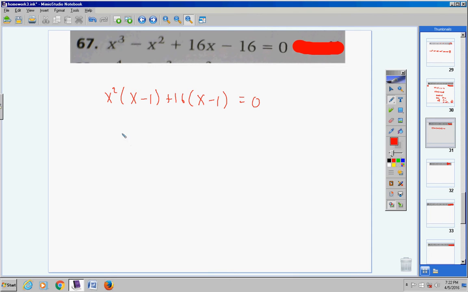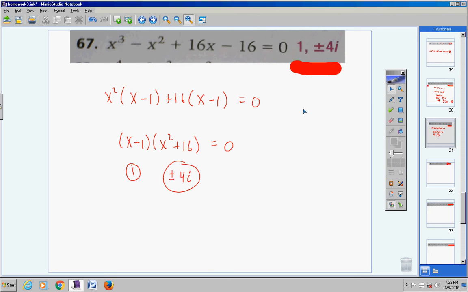So your factorization is x minus 1 and x squared plus 16. Look at that, doing good. So take this parentheses here, set it equal to 0 and solve, and you'll get 1. Take this parentheses, set it equal to 0 and solve, and you'll get this right here. Okay, there we go. Let's check and make sure we didn't make any mistakes anywhere, and we are good.